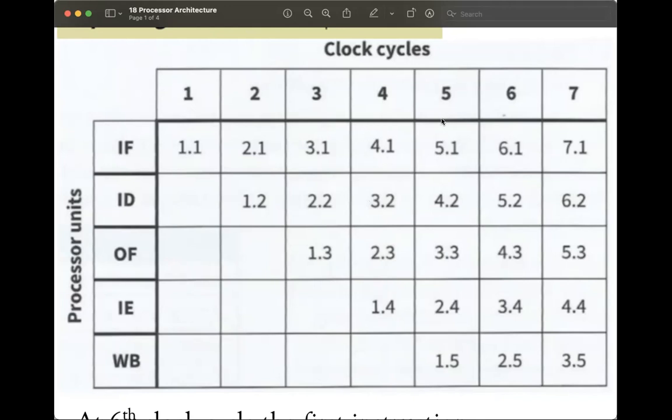And finally, in my fifth clock cycle, my first instruction enters its final stage, the second moves on to the fourth stage, the third moves on to the third stage, the fourth instruction moves on to the second stage, and the fifth instruction enters my pipeline as a new instruction. As you can see here, pipelining ultimately saves CPU clock cycles, and you're capable of executing more instructions requiring fewer clock cycles. Again, I repeat, this is not part of your syllabus, but I just want to show you an example of what synchronized activities look like.